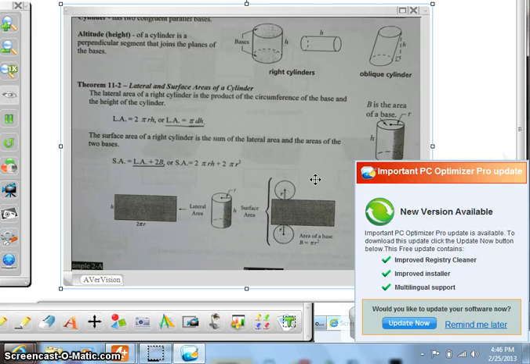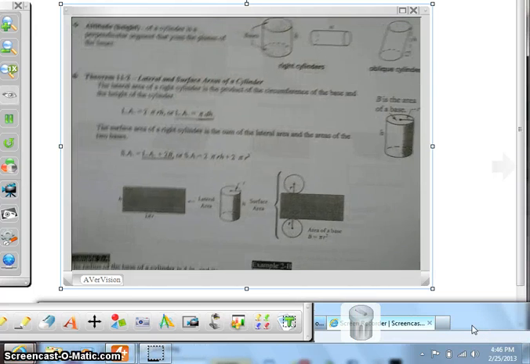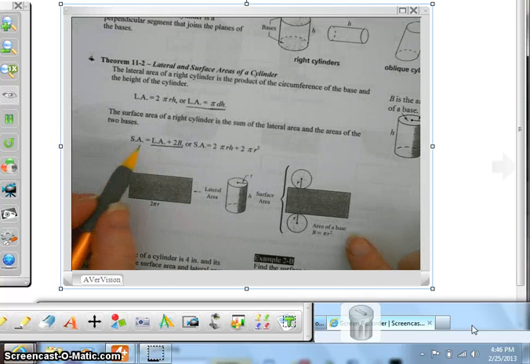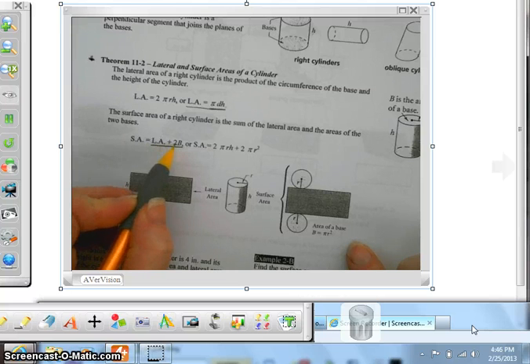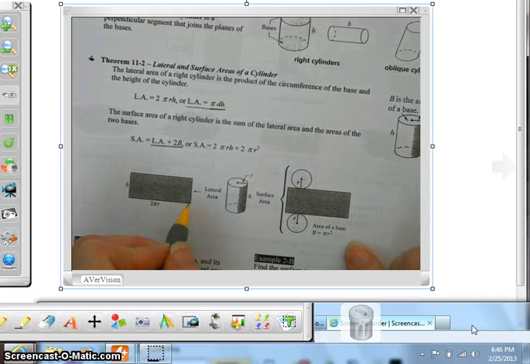Let's look at an example here at the bottom of the page. Let's talk about the surface area again. It's lateral area plus 2 times the base area. Now what's interesting, and we talked about this in class, is your lateral area.